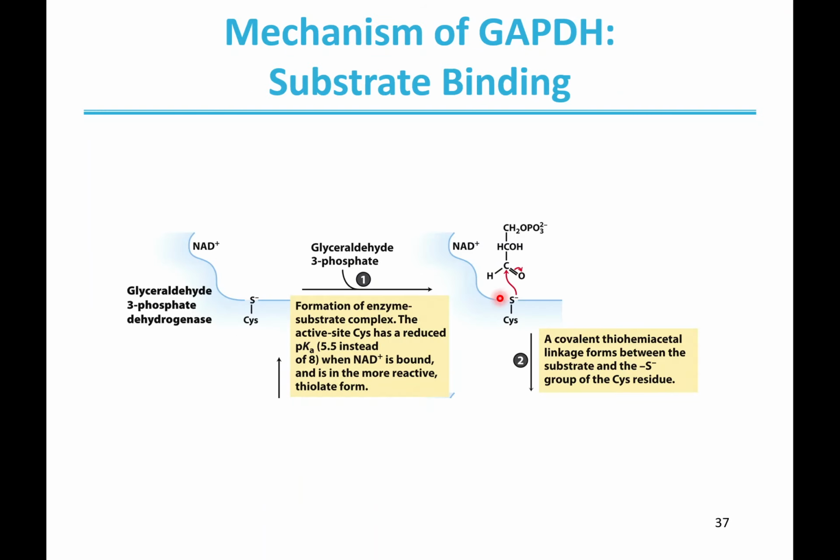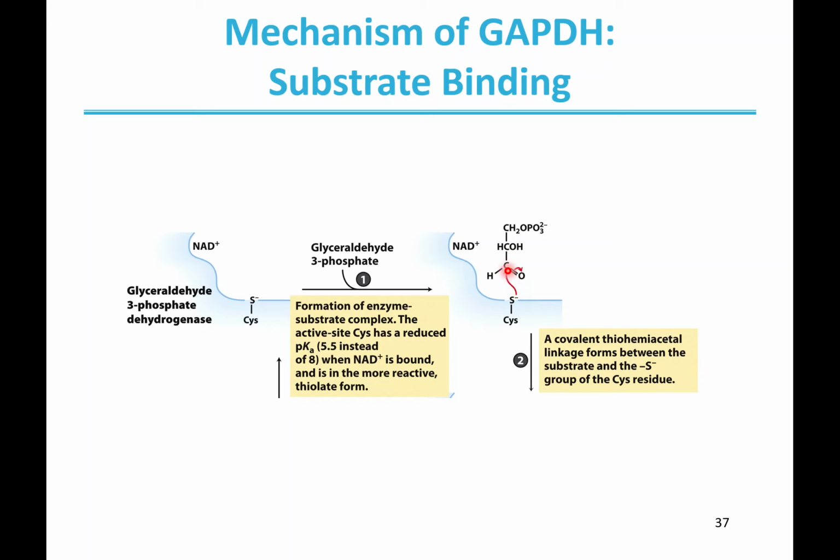Okay, the mechanism of glyceraldehyde 3-phosphate dehydrogenase is shown here. And again, it's unique in glycolysis in that it has a sulfur at the active site. It also has an NAD plus cofactor. Glyceraldehyde 3-phosphate will bind there. You're going to get a nucleophilic attack by that sulfhydryl, or I guess it's not a sulfhydryl anymore because the hydrogen's gone.